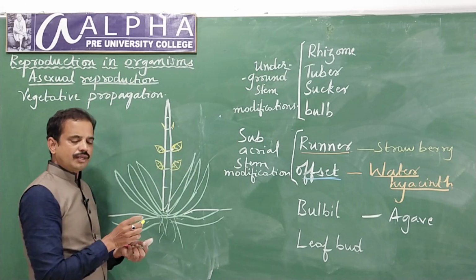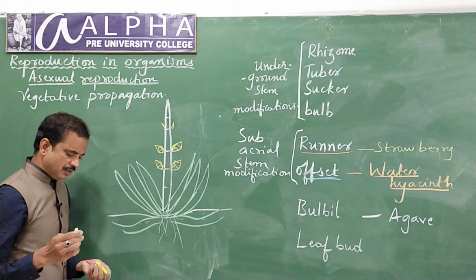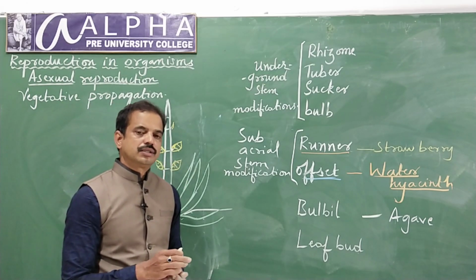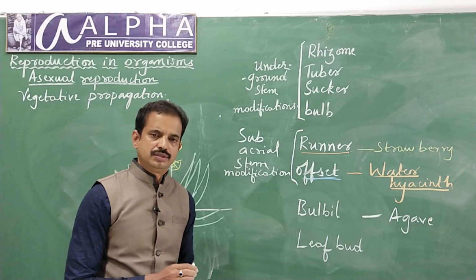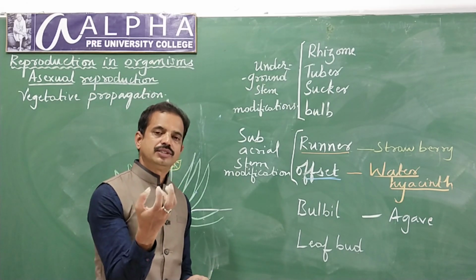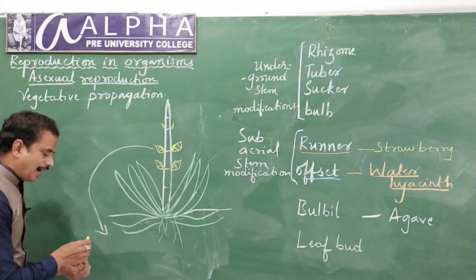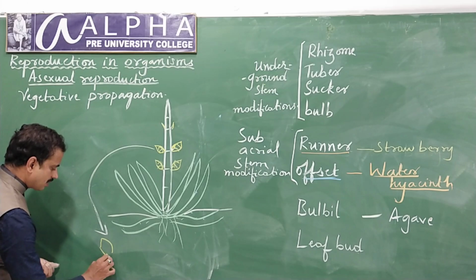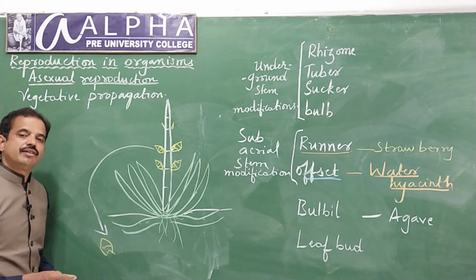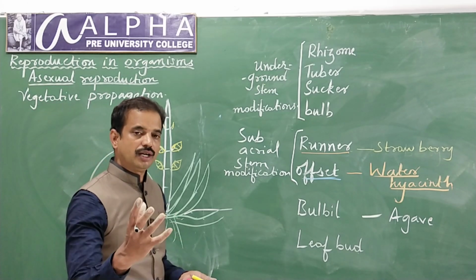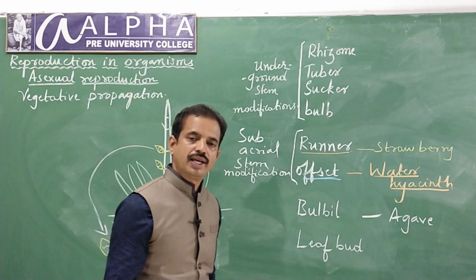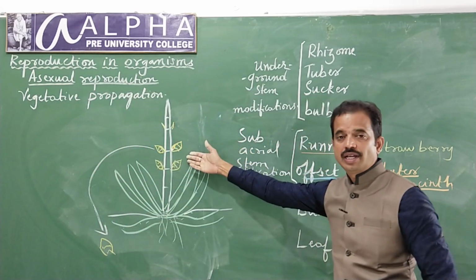Okay, and after developing until a certain time period, after sufficient development and growth, this structure may simply fall off. And once it finds a damp place, it can simply grow and develop into a new plant. So here, the generation of the new plant is from the axillary bud.